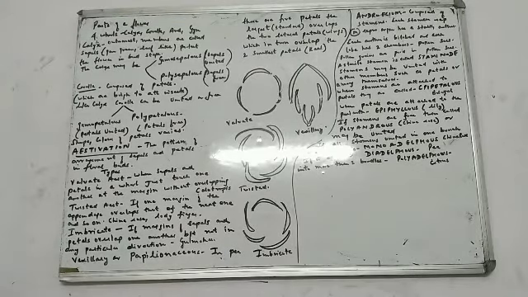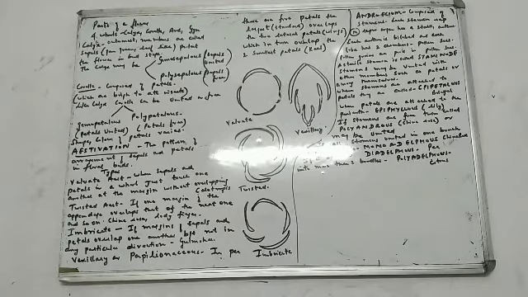So in androecium we had new terms. First was staminode. A sterile stamen is called staminode. Then stamens may be united to other members such as petals, or they could be free. On the basis of this, if stamens are attached to petals, they are called epipetalous.